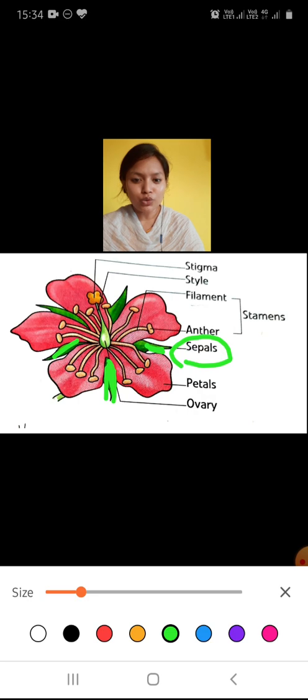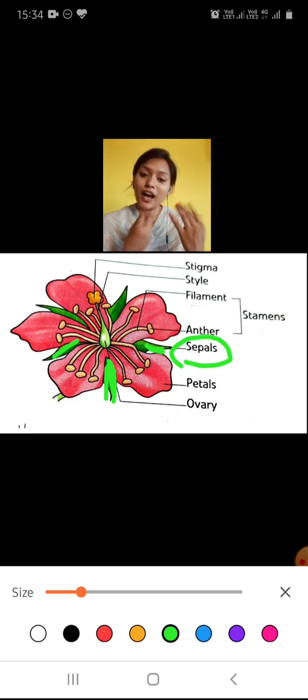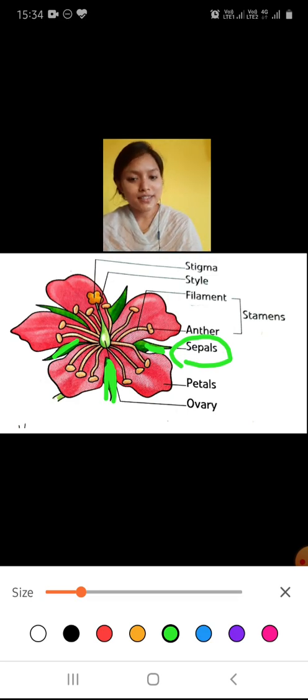What do the sepoys do? They protect us. Similarly, they stand on the boundary line of the country. Similarly, outside the flower's boundary, who's present? Sepals. You can learn it like this, okay? So outside this are the sepals, the outermost part. They are generally green structures, so they are known as sepals.